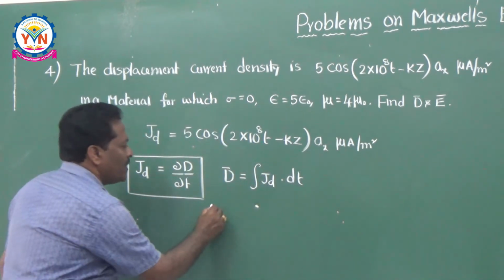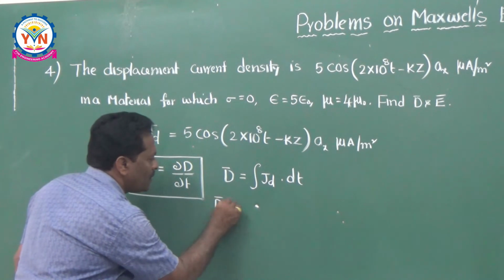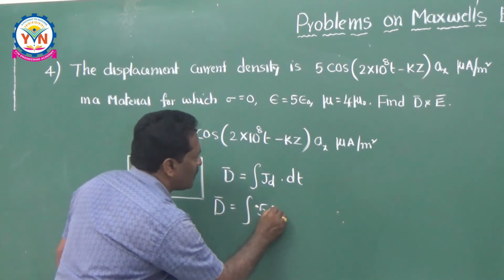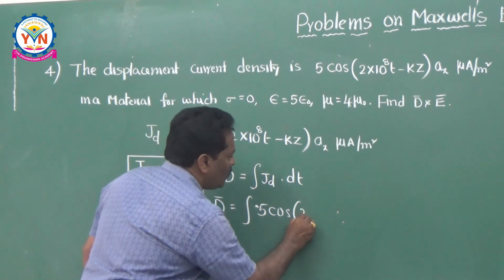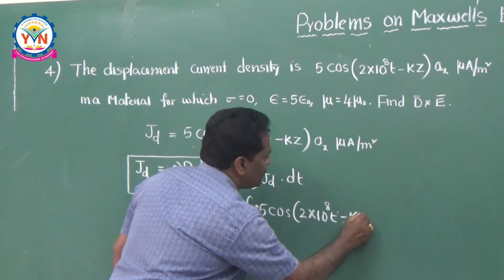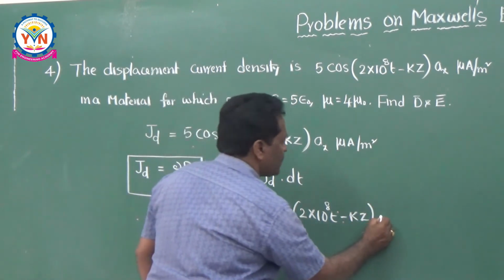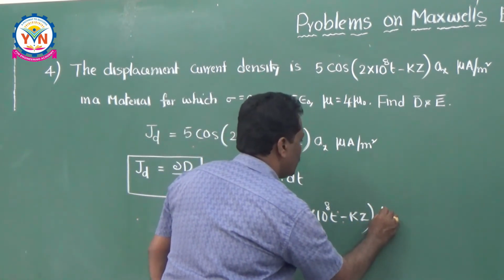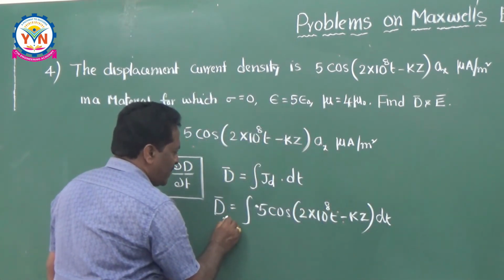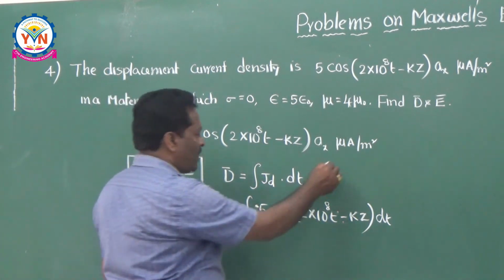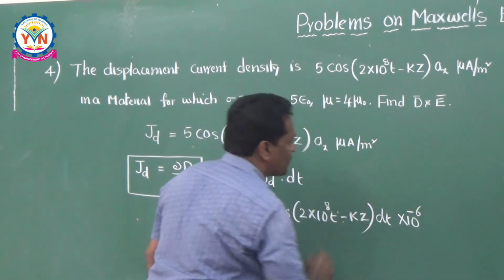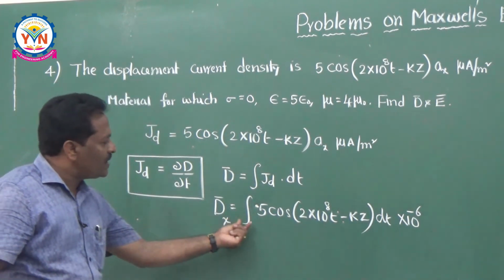So you can say D bar is equal to the integration of, what is JD? 5 cos of (2 into 10 power 8 t minus kz) into Ax into dt. In which direction is it? X direction. Dx is equal to microamperes, meaning into 10 to the power of minus 6. Now just integrate this one.